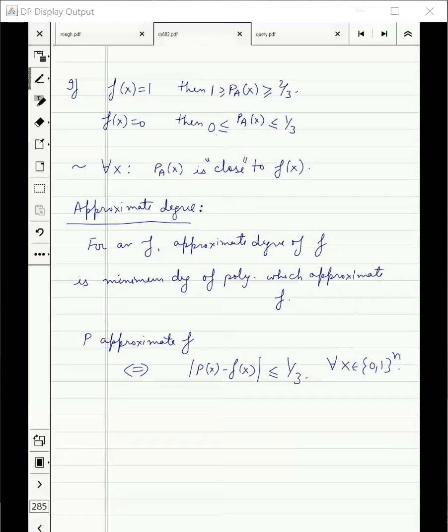For example, which function should I take? For a constant function whose value is 0, what is the approximate degree?